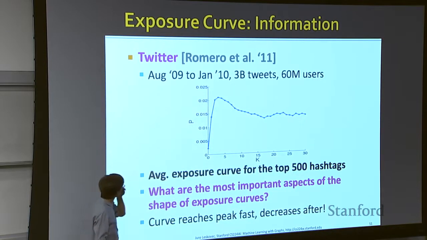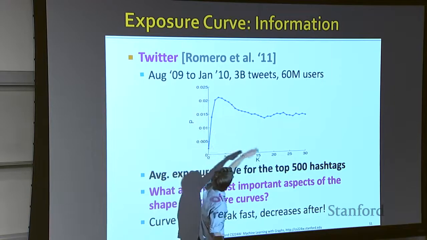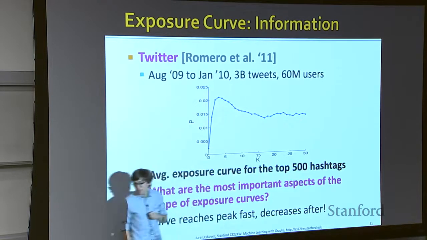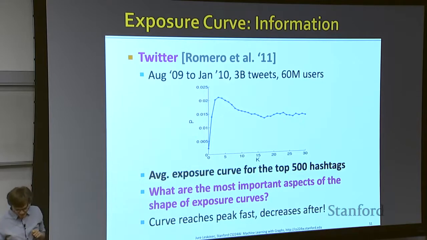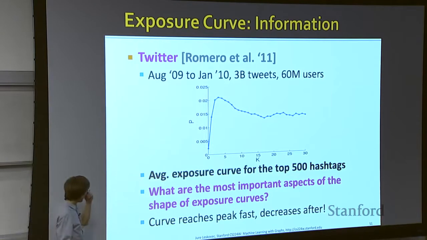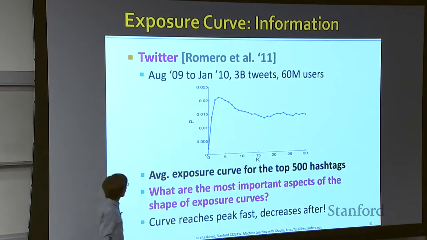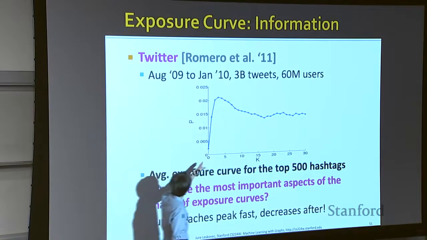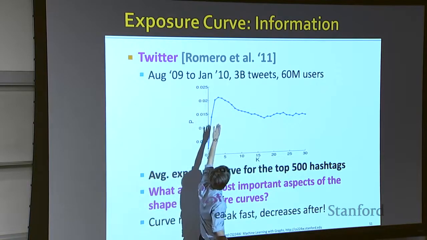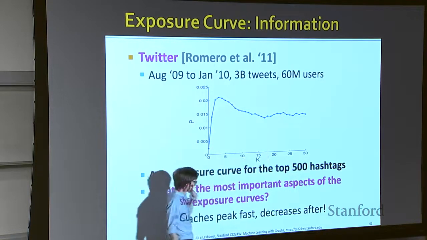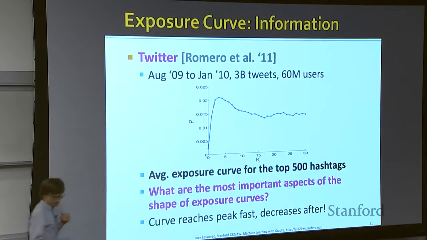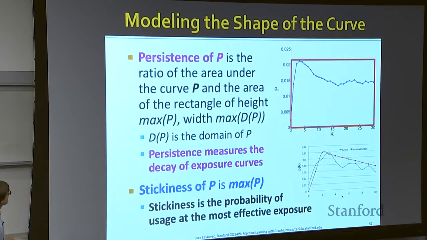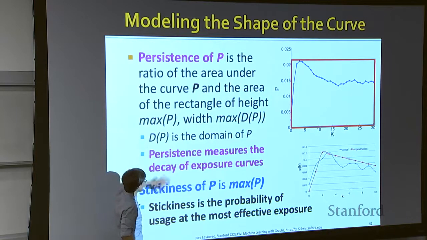And then they were asking, how could I characterize or understand the shape of this curve? What they noticed is that a typical pattern for these curves is that they start, increase quickly, reach some peak, and taper off. So what they did was the following. They characterized these curves according to what they called persistence and stickiness.